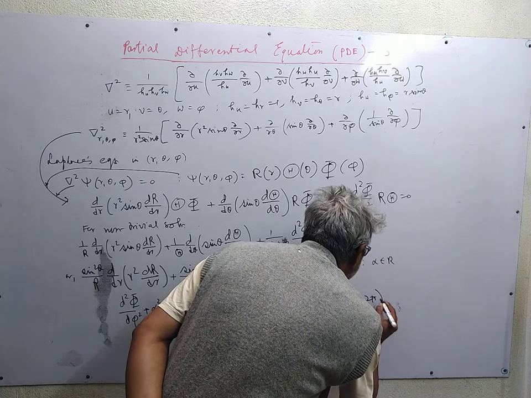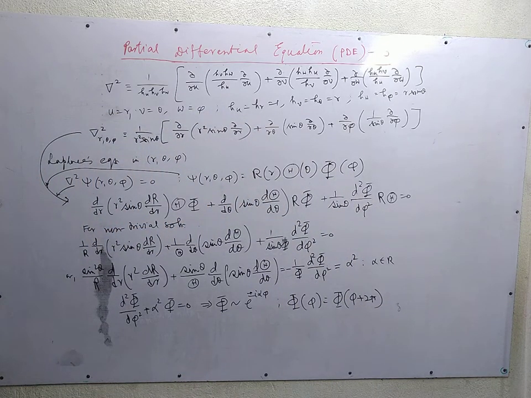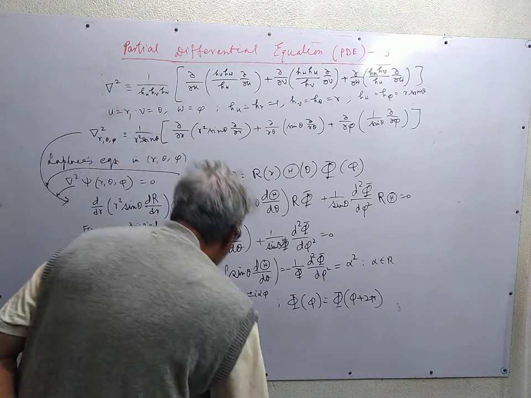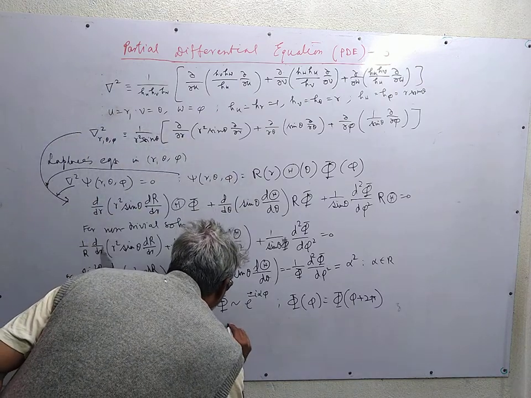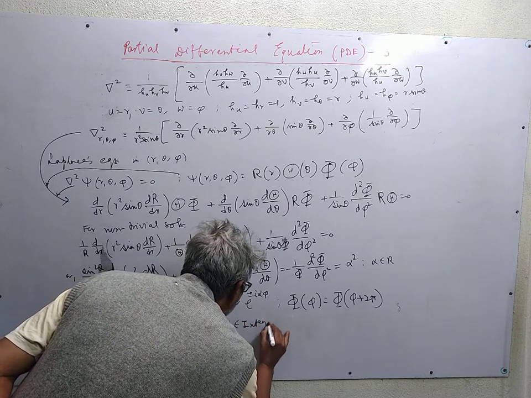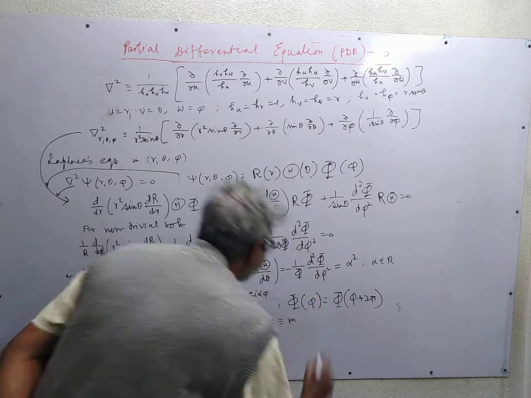If we change phi by phi plus 2 pi, we land up again on the same point in the xy plane. So the wave function must have this property, which leads to the fact that e to the power i alpha 2 pi must be 1, so alpha must be an integer, and we generally call it m.